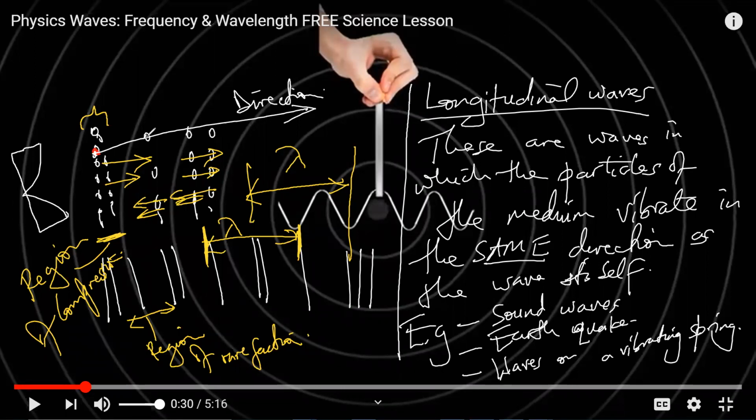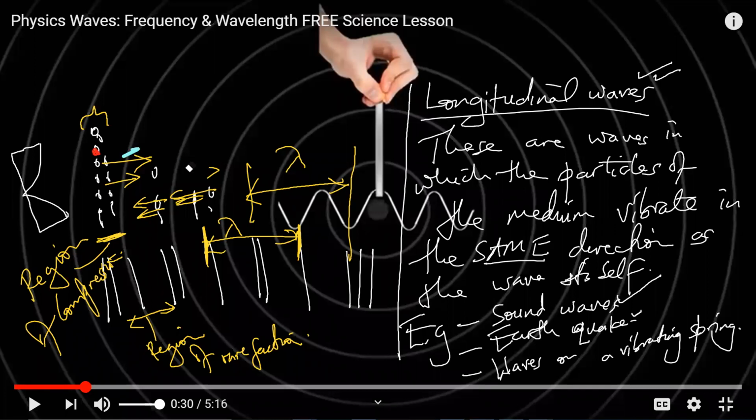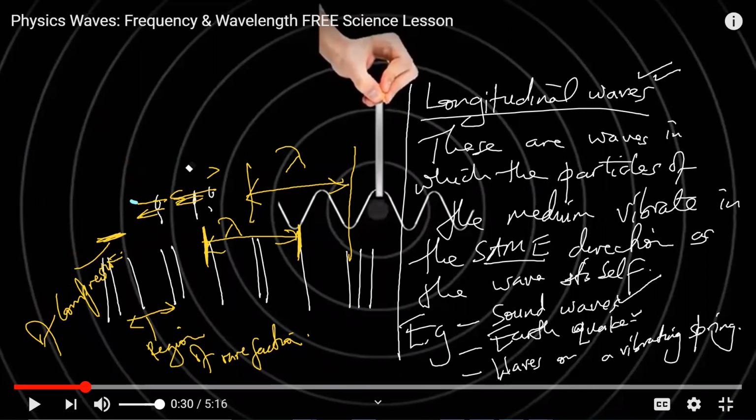Yes, you can have that as well in the shortest time possible. He's saying that all electromagnetic waves are transverse in nature, and that is very true. But it is not that all mechanical waves are longitudinal in nature. That is wrong.